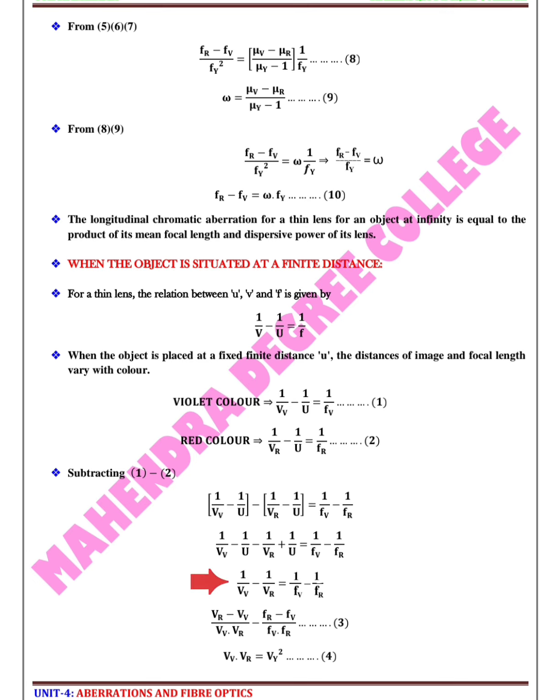Minus 1 by u and plus 1 by u cancelled out. Finally, we get 1 by Vv minus 1 by Vr equals 1 by Fv minus 1 by Fr.